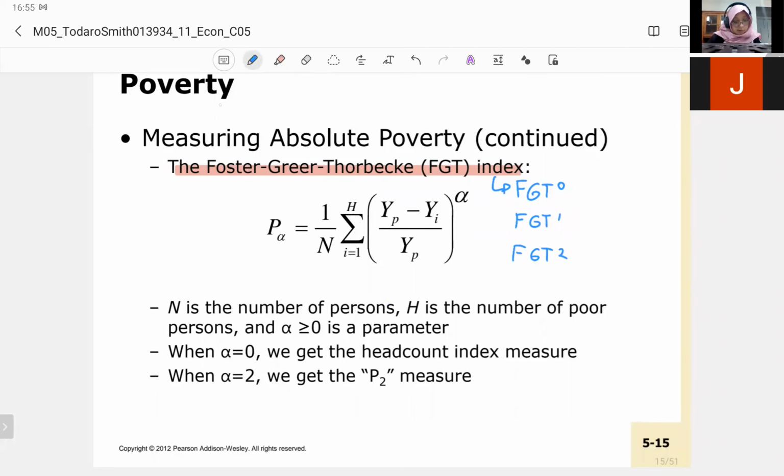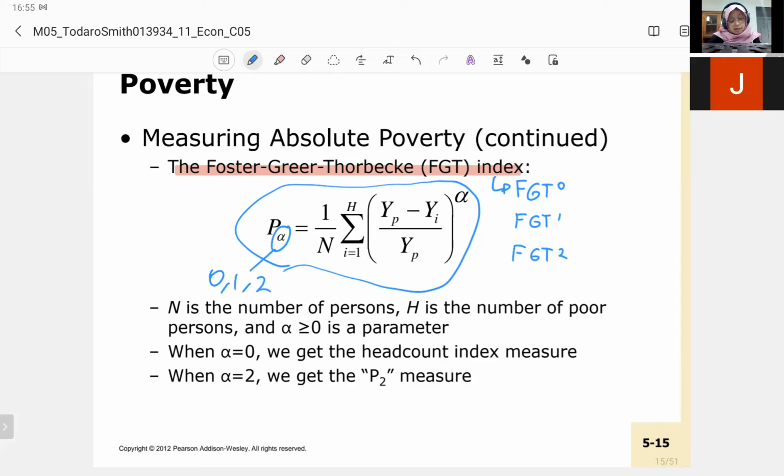So first of all, you calculate FGT using this formula here. Because this is an index, the notation of the FGT index is P alpha. You can change the alpha depending on whether you want to calculate FGT 0, FGT 1, or FGT 2.